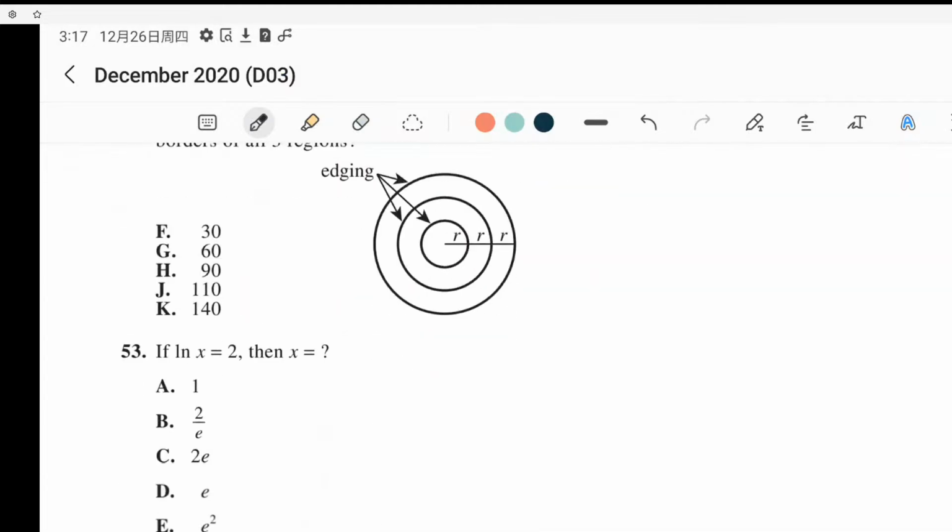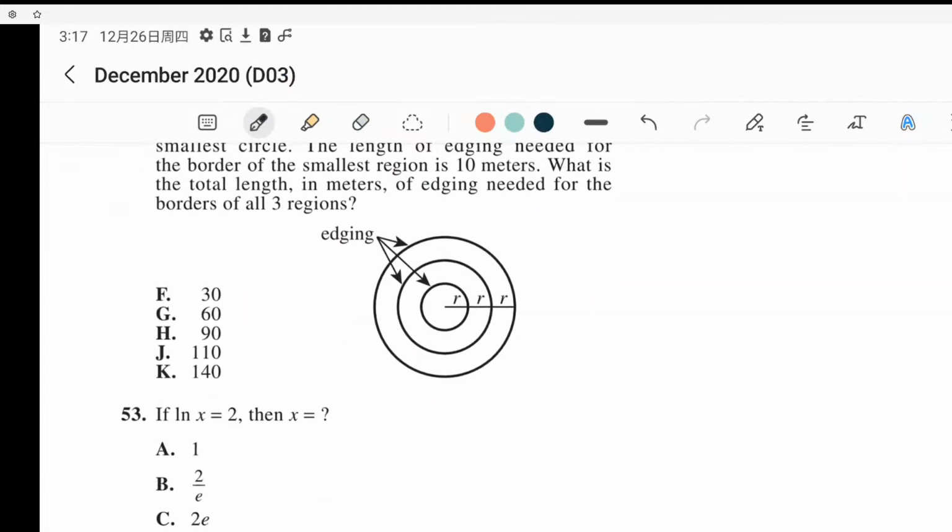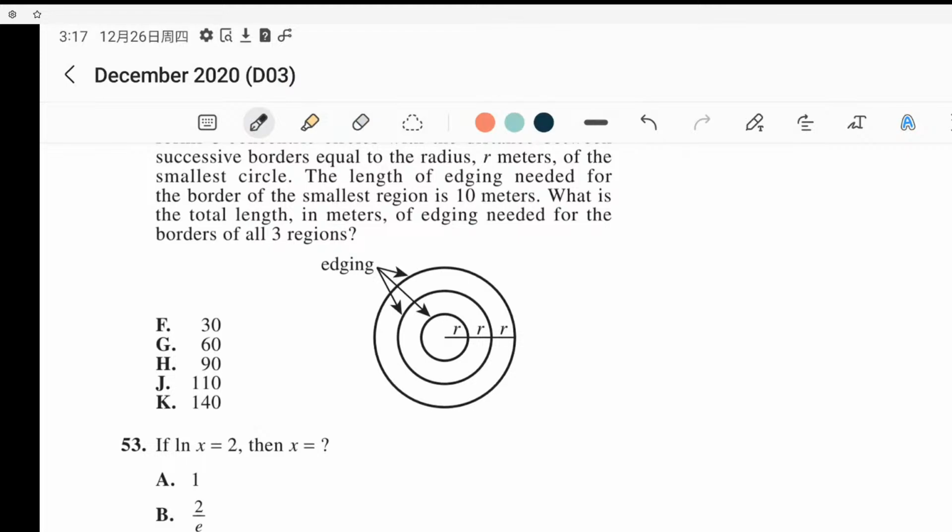Let's try 53. 53 is not hard. It's just a pure problem based on your understanding of logs and natural logs.